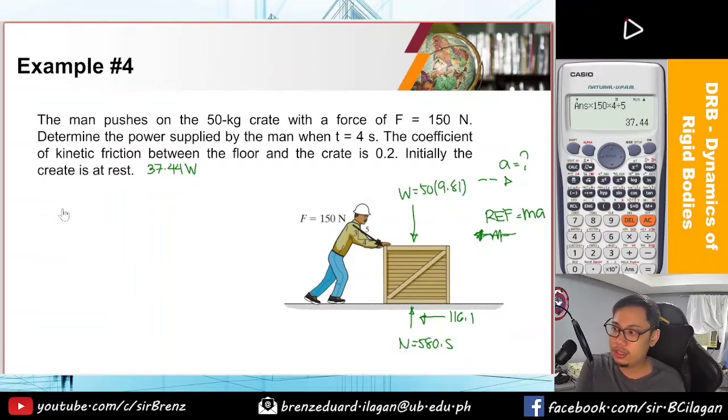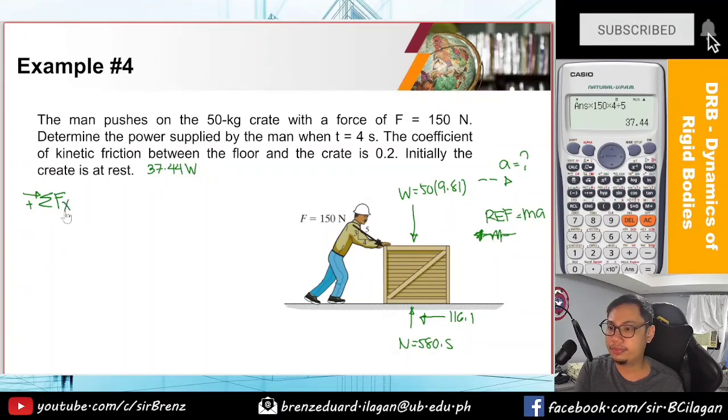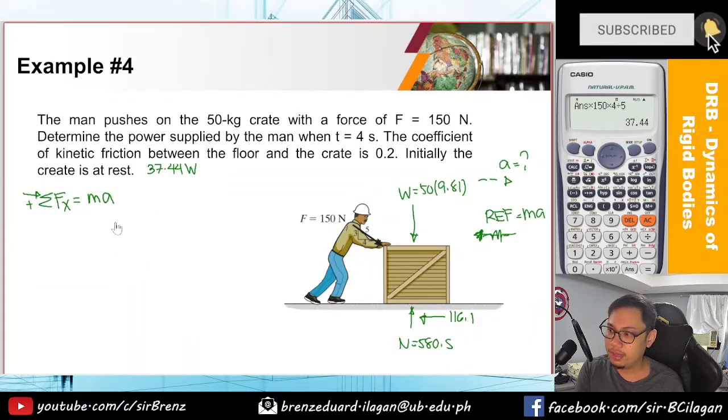So, when you take summation of forces x, assuming going to the x direction as positive, assuming to the right is positive. So, it equals to 0. Pero on books kasi, ini-equals na nila sa REF or yung mass times the acceleration.